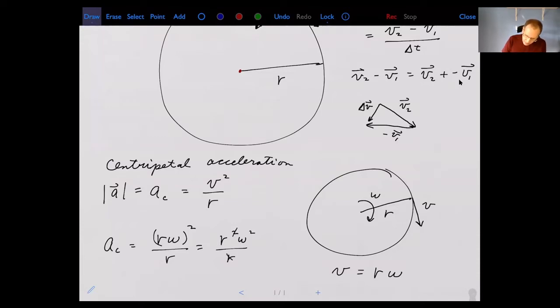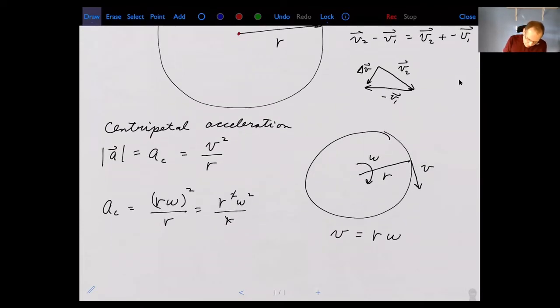So another way of writing the centripetal acceleration is simply r omega squared. So you can either write it as v squared over r or r omega squared. In one case, it's written in terms of the linear velocity. In the other case, it's written in terms of the angular velocity or angular speed.